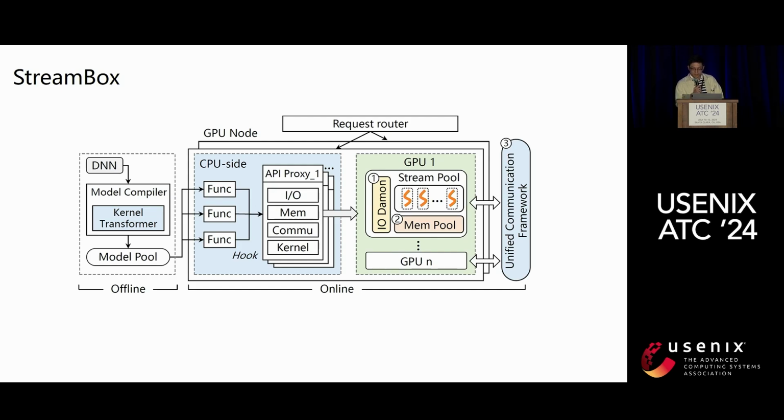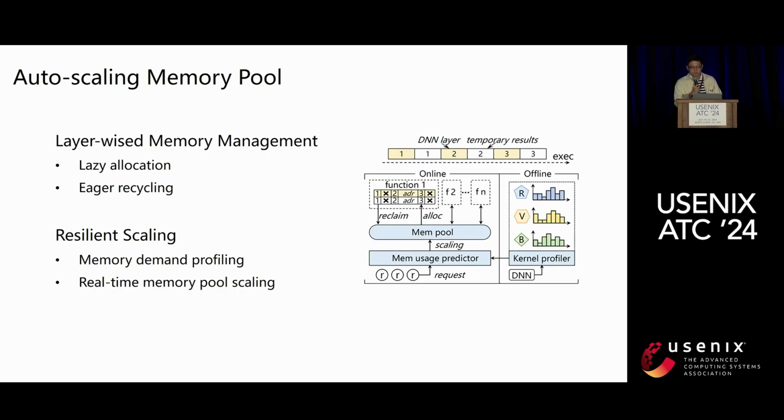Furthermore, the challenges of applying streams motivate three components in StreamBox. The first one is that StreamBox builds an auto-scaling memory pool to improve memory efficiency. Our key idea is to combine the layer structure of DNN, allocate memory on demand, layer by layer, and reclaim the space in time.